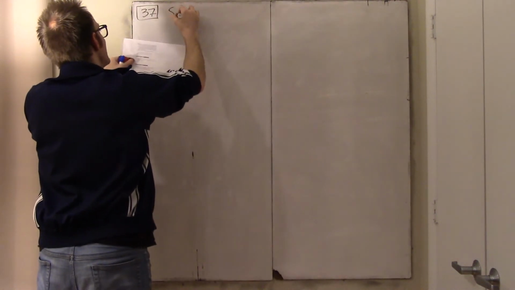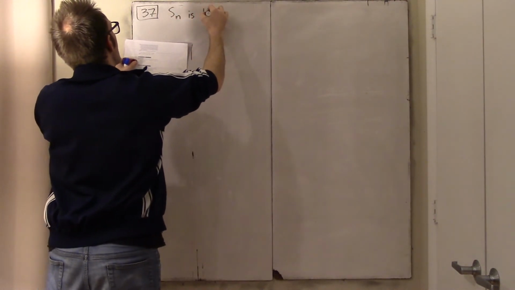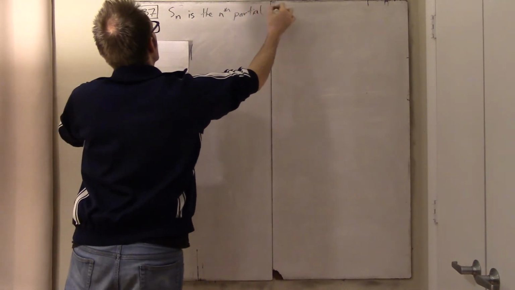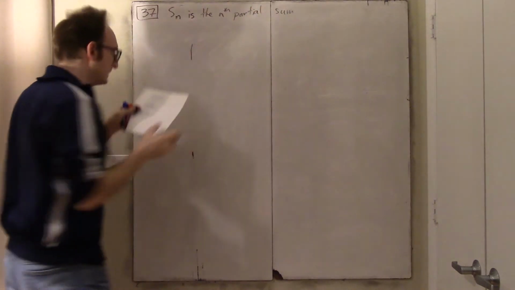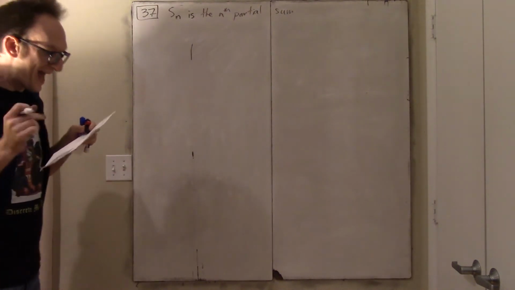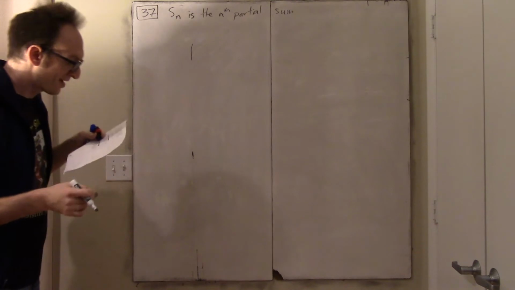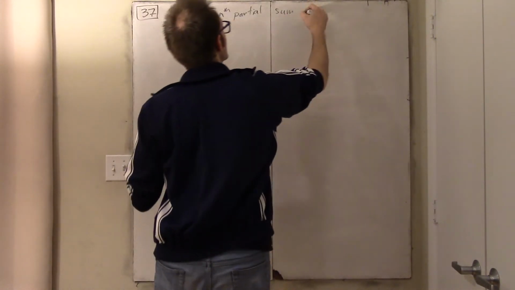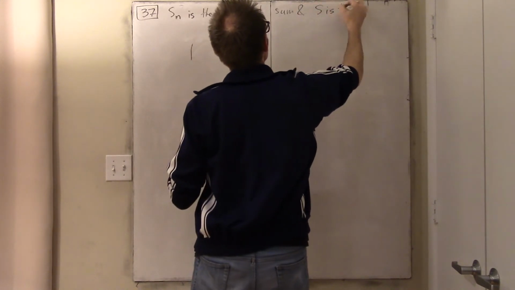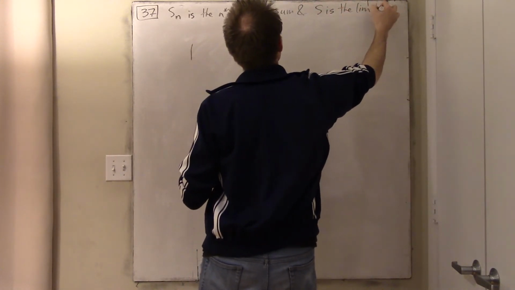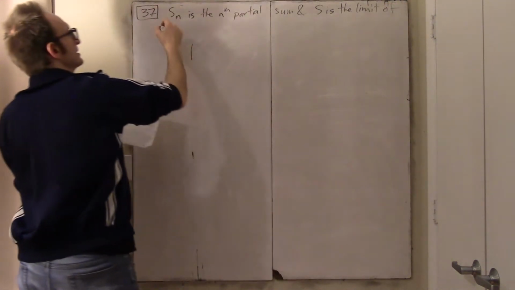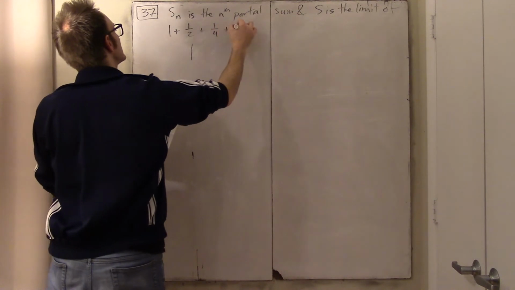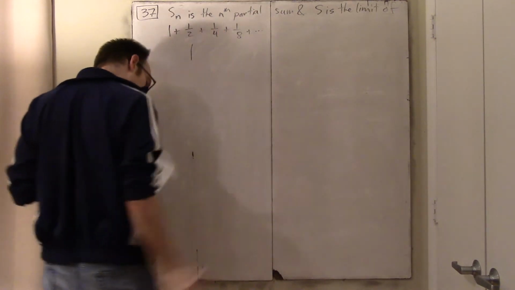Let S sub n be the nth partial sum, and S the limit of the following geometric series. The series is 1 plus a half plus a fourth plus an eighth plus, forever.